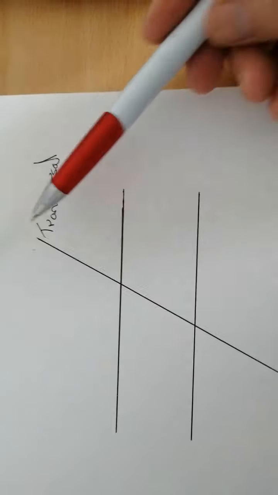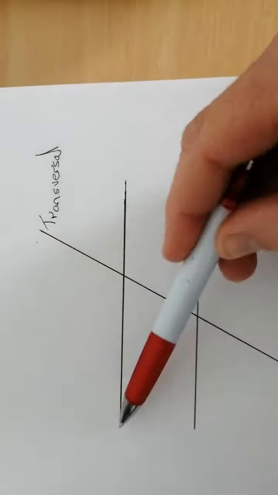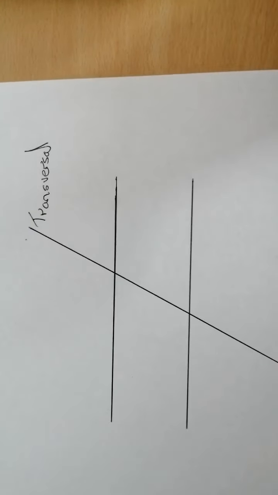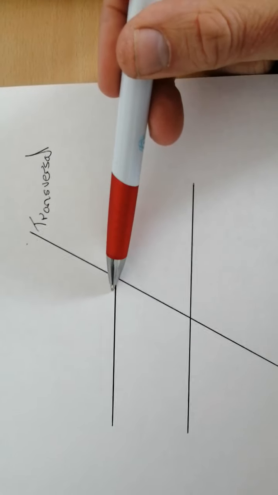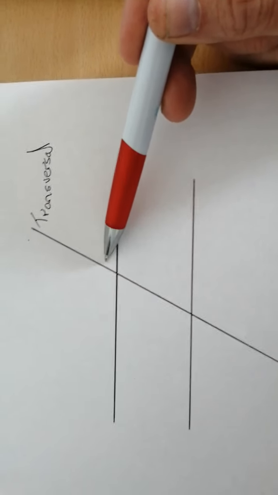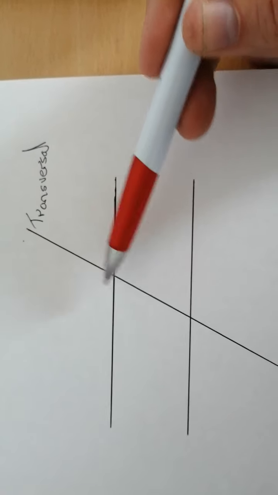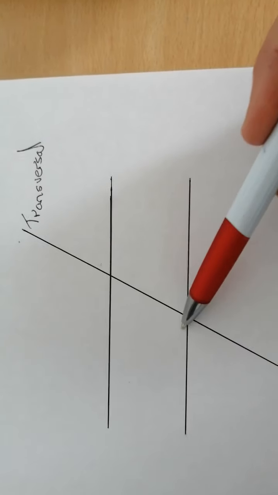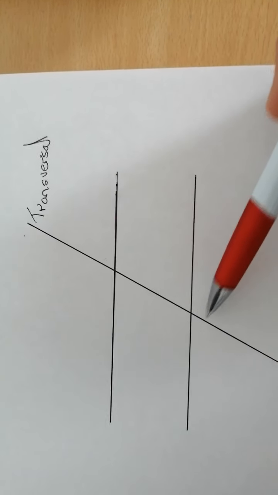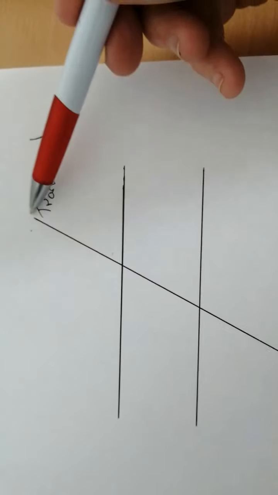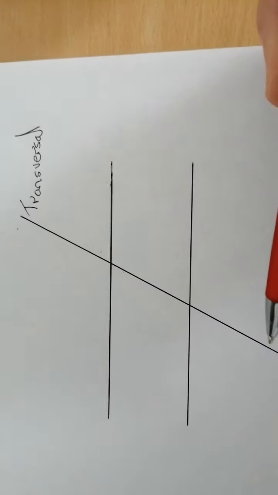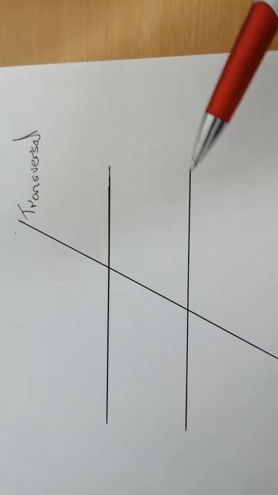And you can see when you do draw this line to cross over these two, it creates a lot of angles, okay? So just looking at them, we've got an angle here, an angle here, an angle here, an angle here, an angle here, an angle here, an angle here, and an angle here. So 8 new angles created by drawing this transversal across these two parallel lines.